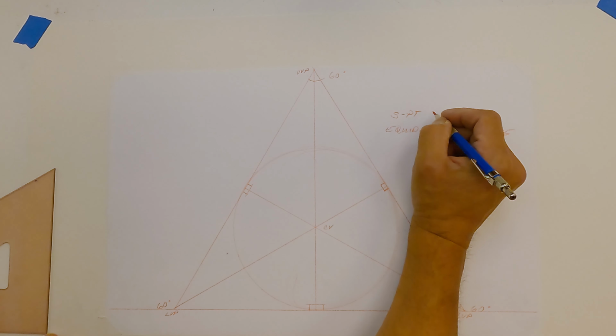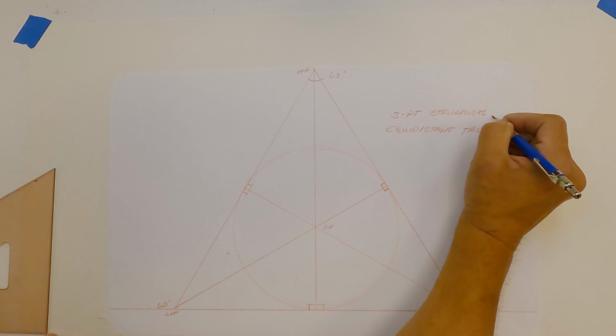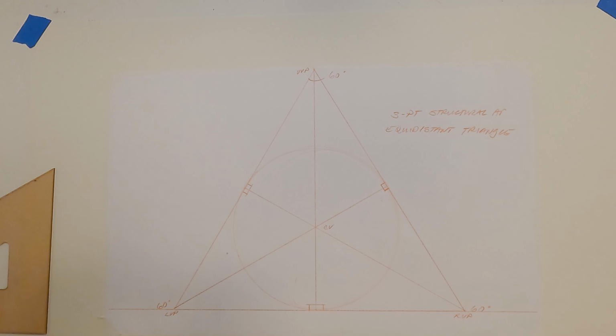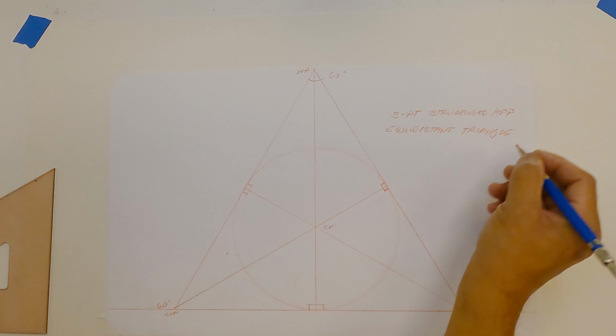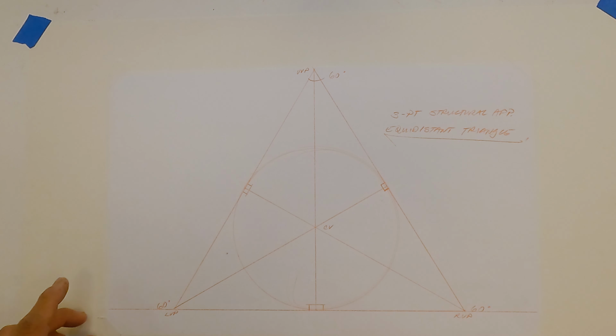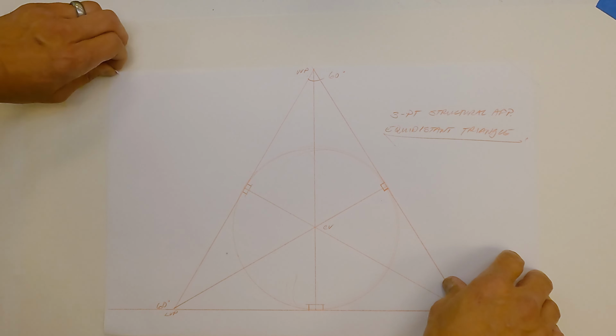Okay, 3-point structural approach. It works phenomenal. And there's other reasons why we use this. So let me switch to a different version. Not of a structural approach, a different version of a structural approach.